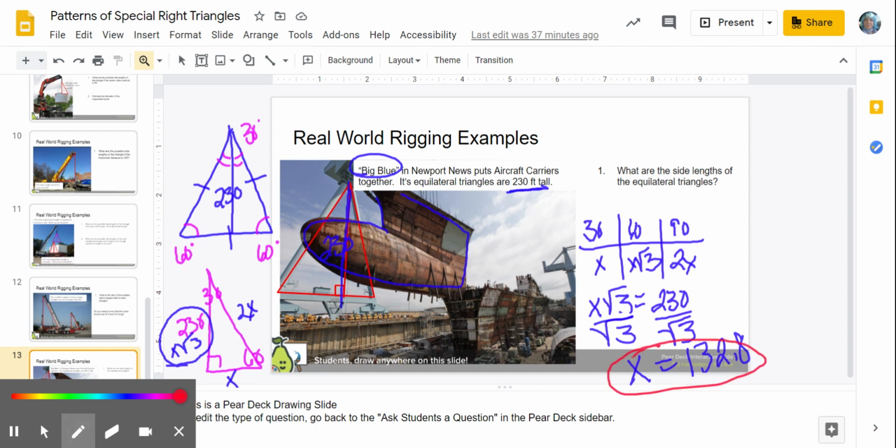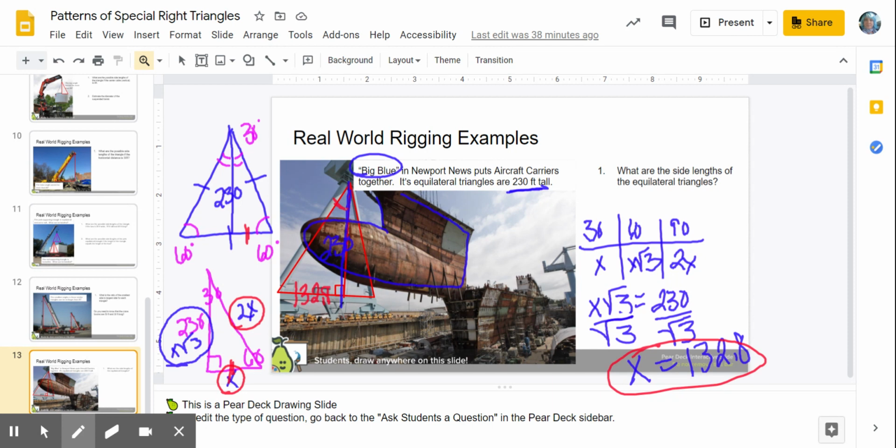What side does that go in here? Is that x or is that 2x? What's that x equal? Where do I put that in my drawing? What side is 132.8? The bottom. So this side is 132.8. That's opposite the 30 degrees, right?